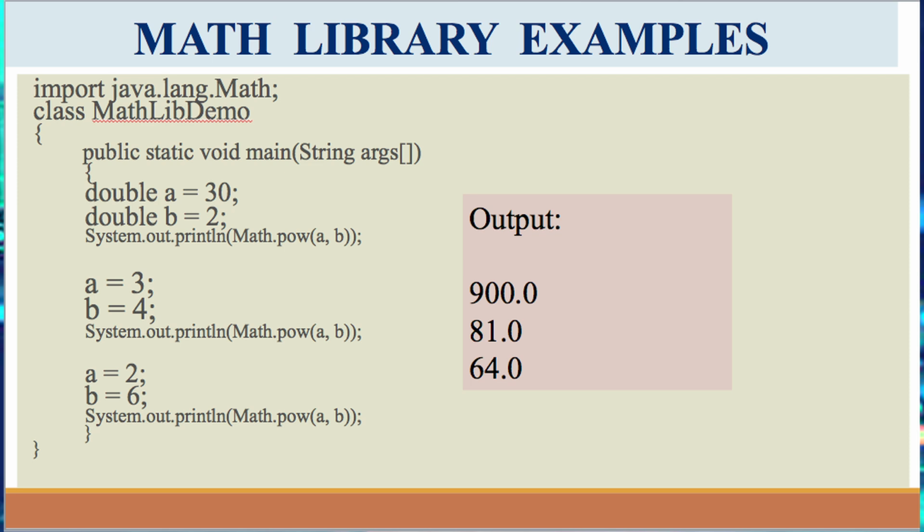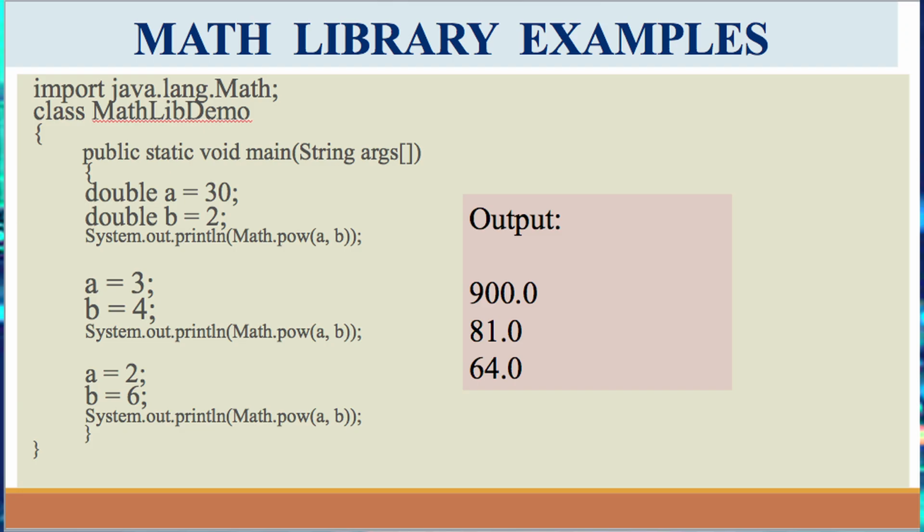Inside this main we have two variables a and b, both are double variables, and we have assigned 30 to a and 2 to b. In the first output statement, System.out.println Math.pow a, b means 30 to the power 2, the square of 30, which means 30 multiplied by 30. It is 900. You can see the output here.